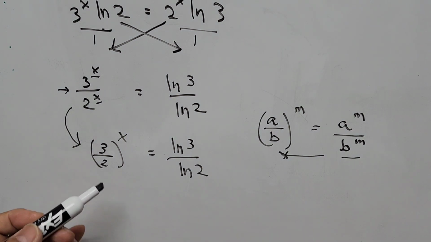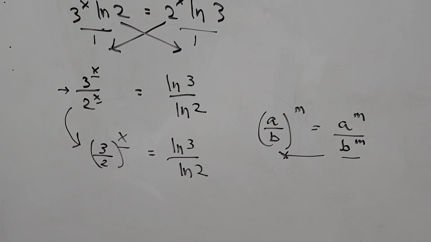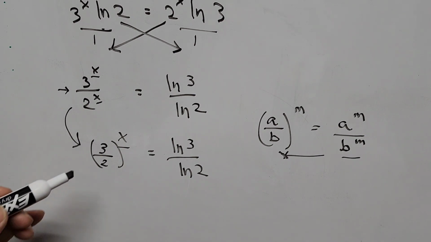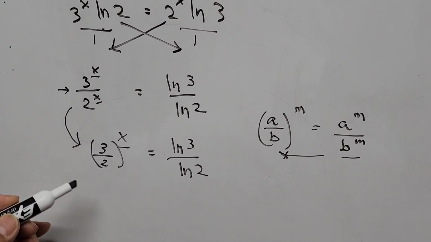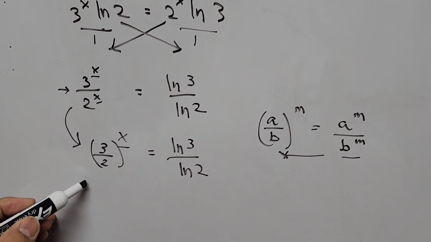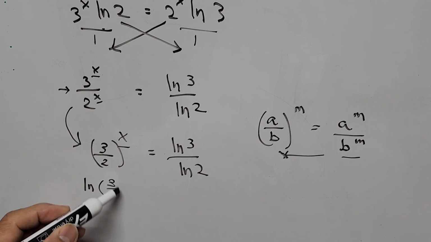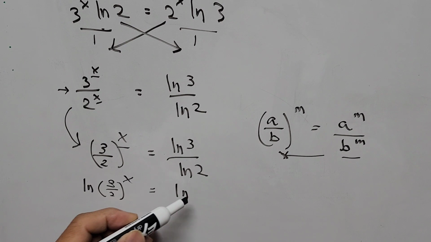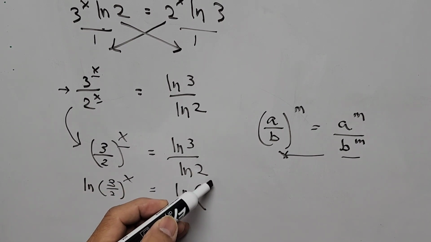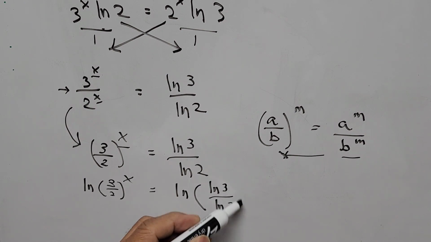From here, we can separate the variable x from the exponent by taking the natural logarithm on both sides of the equation one more time. So the equation now becomes natural logarithm of 3 divided by 2 to the power of x is equal to ln of 3 divided by ln of 2.